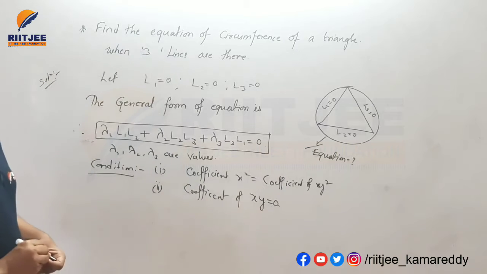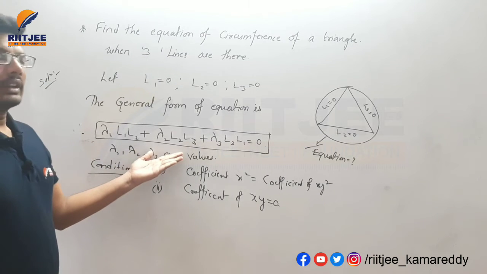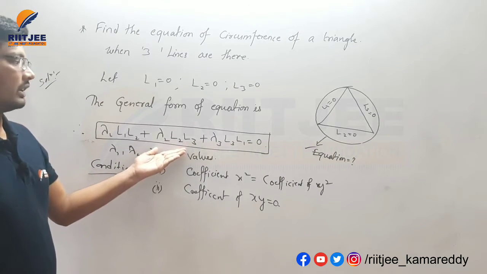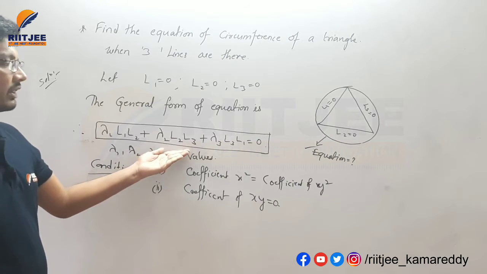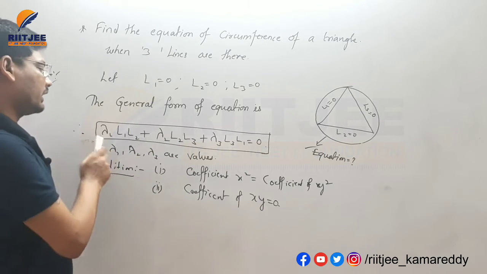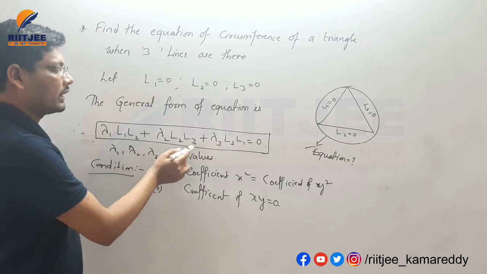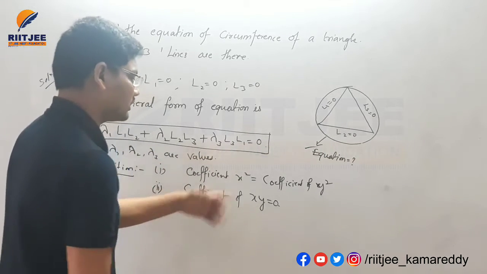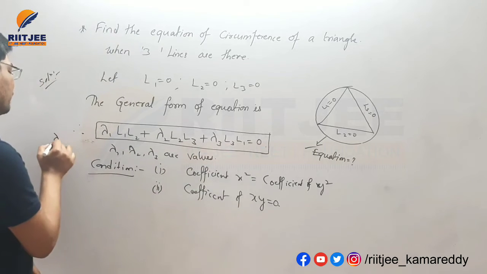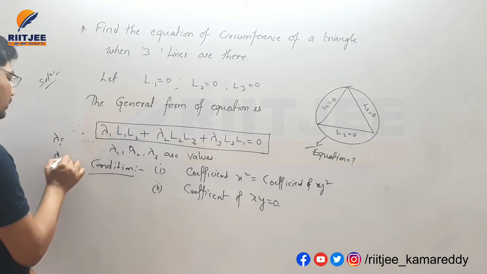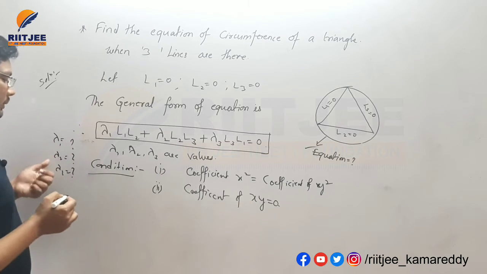Ultimately we need to find the circumcircle equation, and the equation is lambda 1 L1 L2 plus lambda 2 L2 L3 plus lambda 3 L3 L1 is equal to 0. We need to find the lambda 1, lambda 2, lambda 3 values. To find them, first we apply the conditions. From these 2 conditions we get 2 equations, and from these we solve for lambda 1, lambda 2, lambda 3.